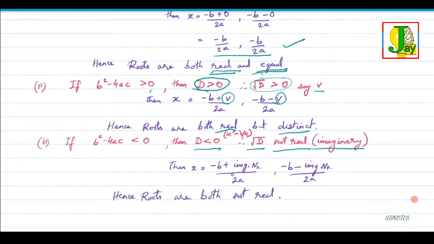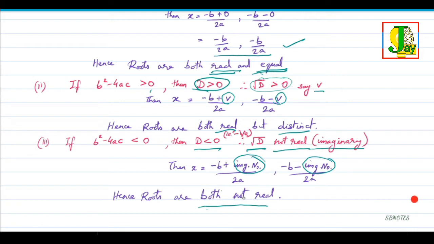So x is minus b plus some imaginary number, and once you are subtracting the imaginary number, whatever you get is actually imaginary. You cannot find the root of a negative number. So whenever you get d less than 0, you don't have to solve, you just say both roots are not real.